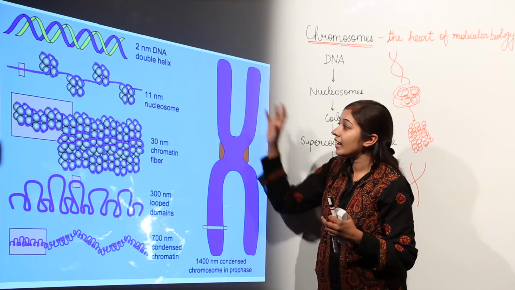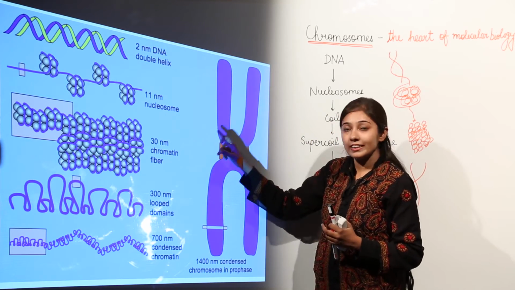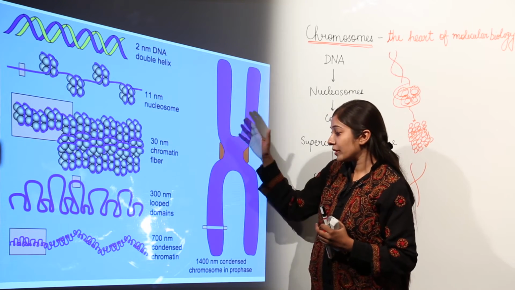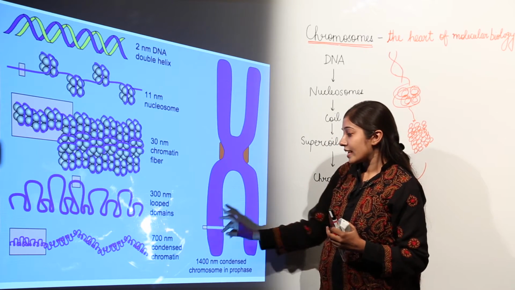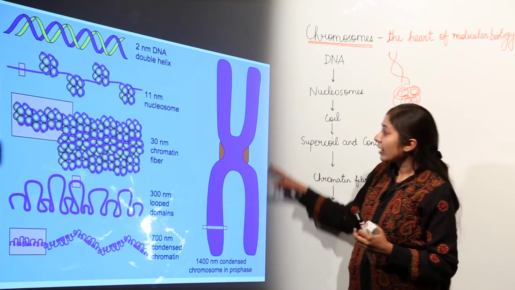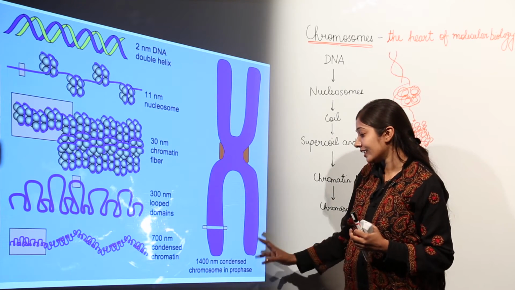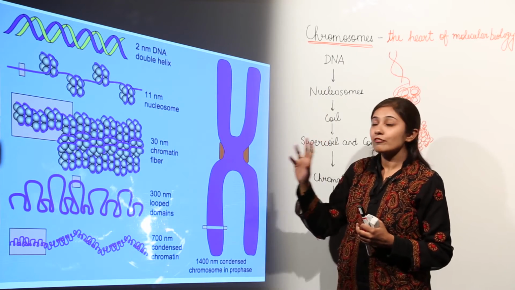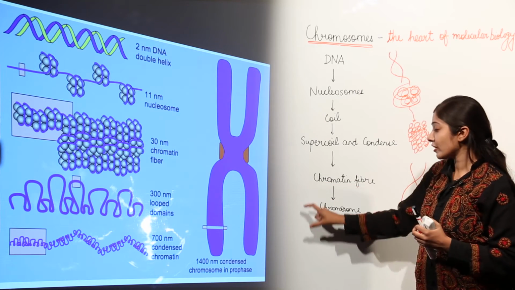The size is around 11 nanometers, and then the chromatin fiber is of 30 nanometers, and then the supercoiling and finally the formation of this condensed chromatin or the chromosome results in the size 700 nanometers, and the final chromosome that we have at the end is of 1400 nanometers.